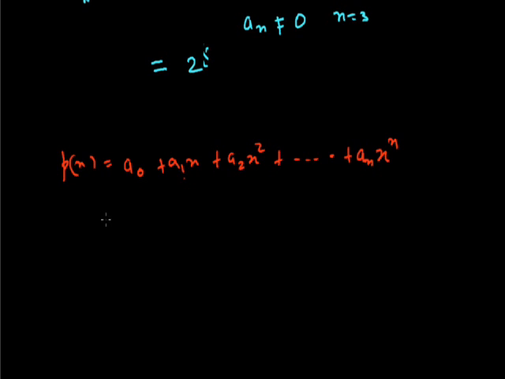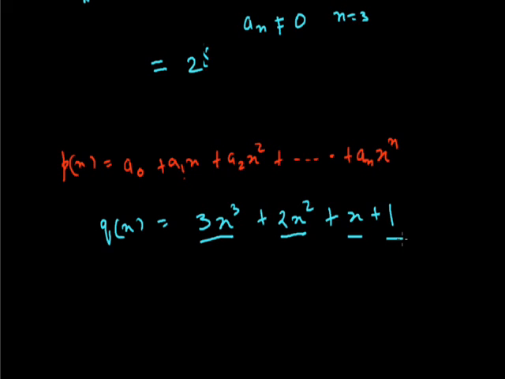For example, we are given a polynomial q(x) equals 3x cube plus 2x square plus x plus 1. In this we have 4 terms. First term is 3x cube, second term is 2x square, third term is x and fourth term is 1.